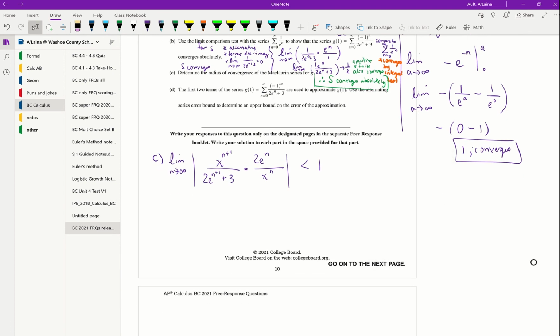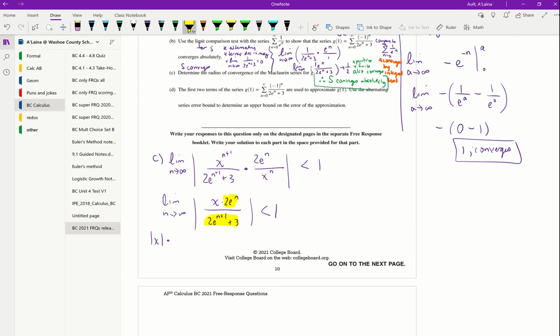All right, let's simplify this. So this would be the limit as n approaches infinity of the absolute value of, let's see, we would have only one x left, and times 2e to the n over 2e to the n plus 1 plus 3. Well, I'm going to take out the absolute value of x, and I'll evaluate the limit of what's left. So let's take a look at this. The plus 3 does nothing.